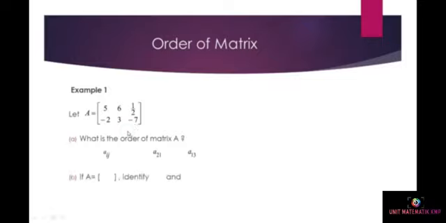If A equals Aij, identify A21 and A13. A21 refers to row number 2 and column number 1, so A21 is negative 2. And A13 refers to row number 1 and column number 3, so A13 is 1/2.